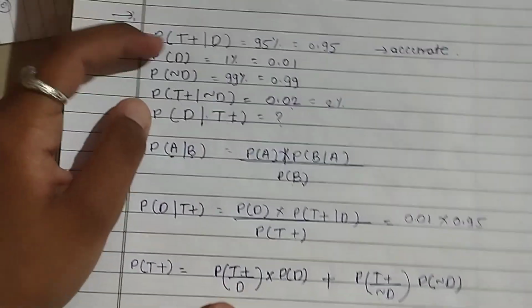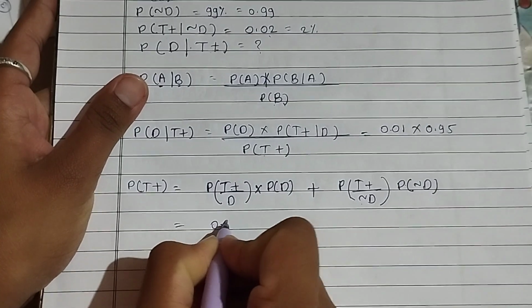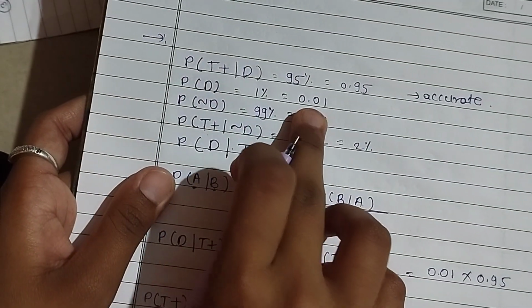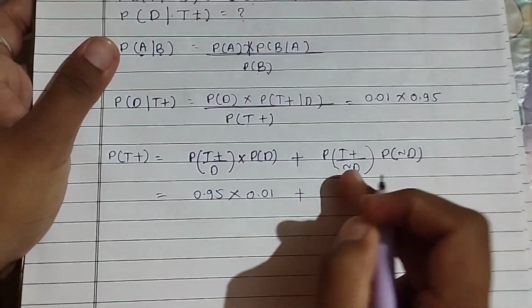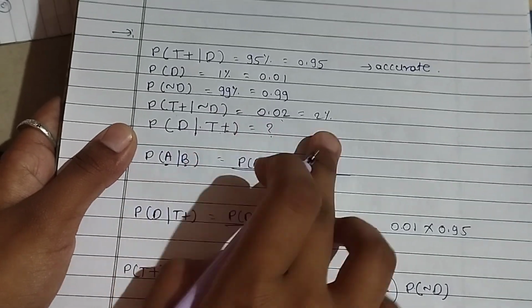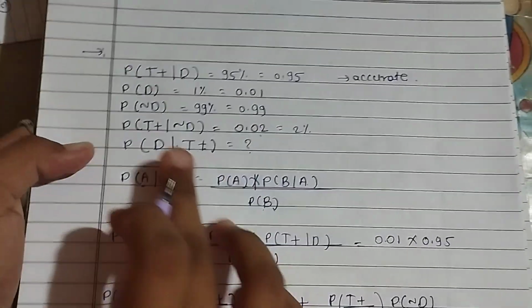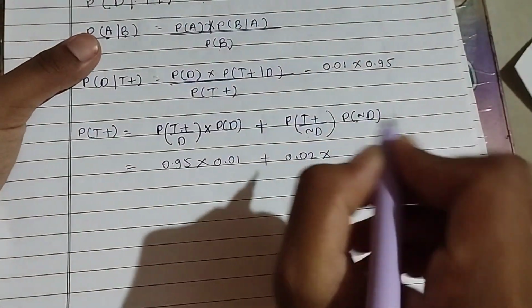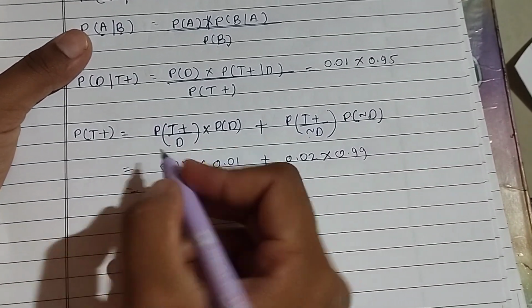Probability of T plus given D is 0.95, into probability of D, 0.01, plus probability of T plus given negation D, 0.02, into probability of negation D, 0.99.